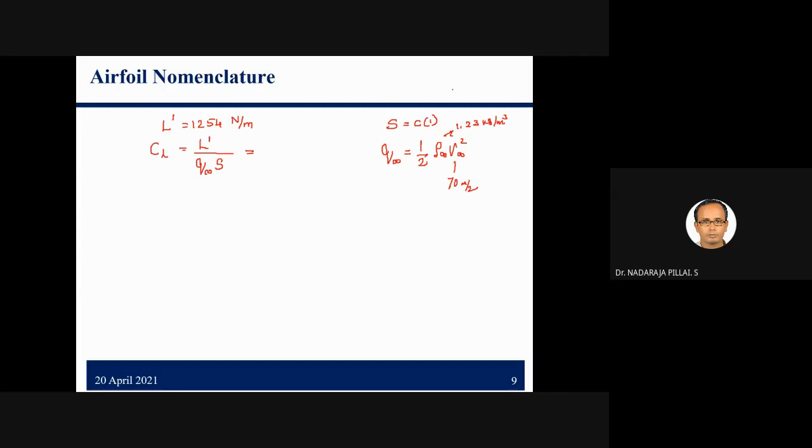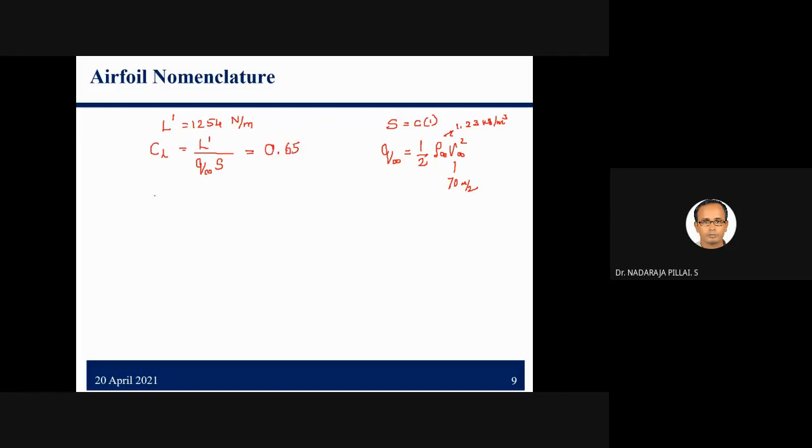So what is the value for CL? So 0.65. Okay. So 0.65.